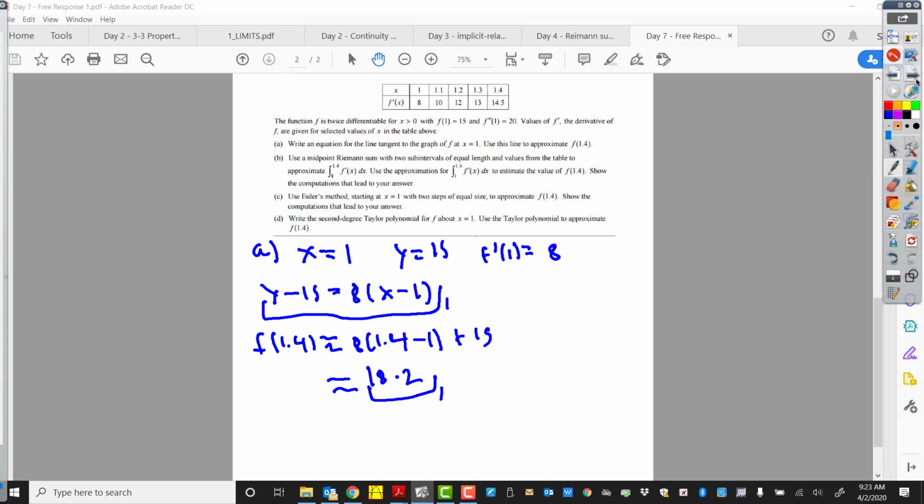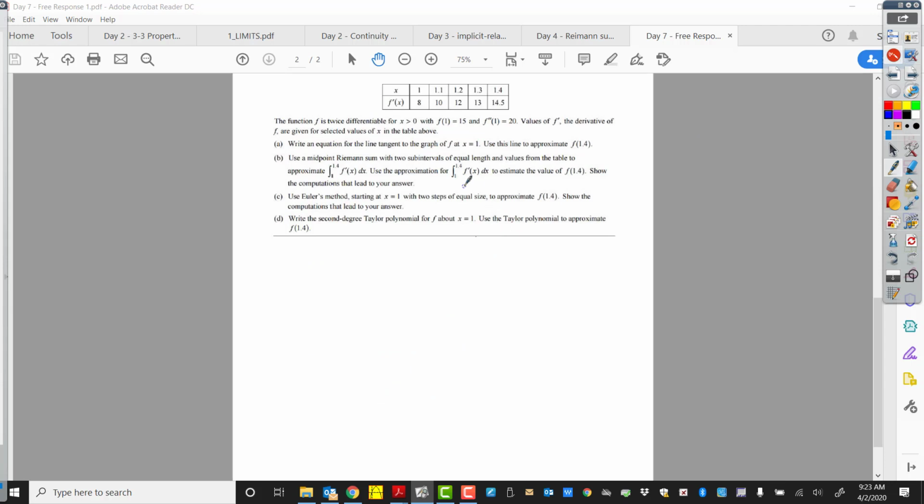Okay? Let's move to part B. Use a midpoint Riemann sum with two subintervals of equal length and values from the table to approximate the integral from 1 to 1.4. Use the approximation to estimate the value of f of 1.4. So let's start by doing just the approximation of the integral.